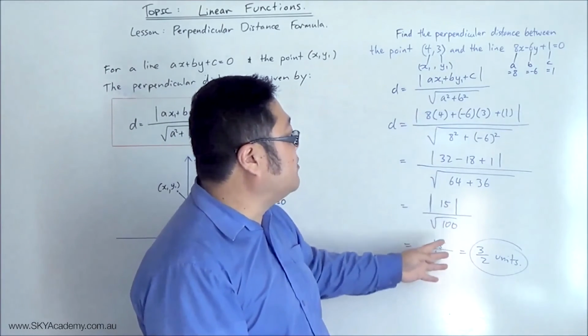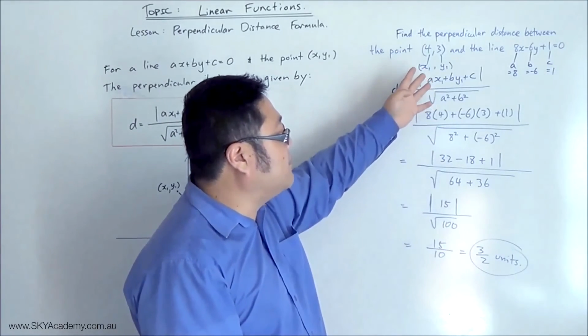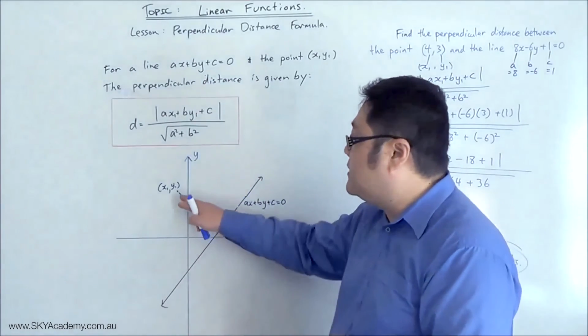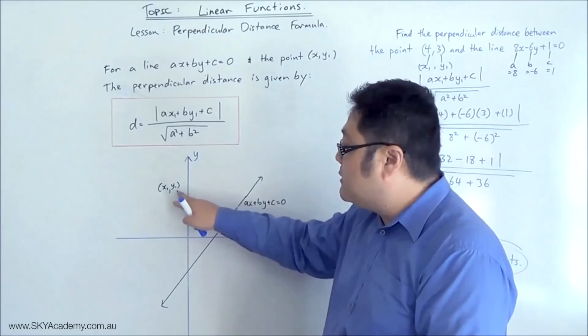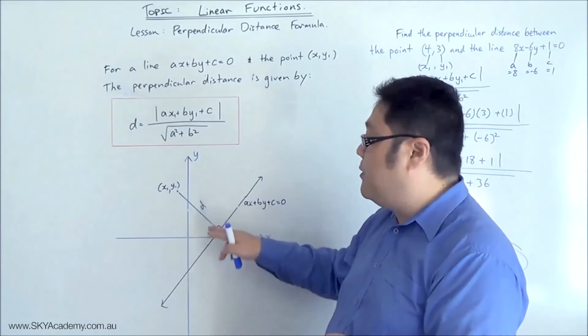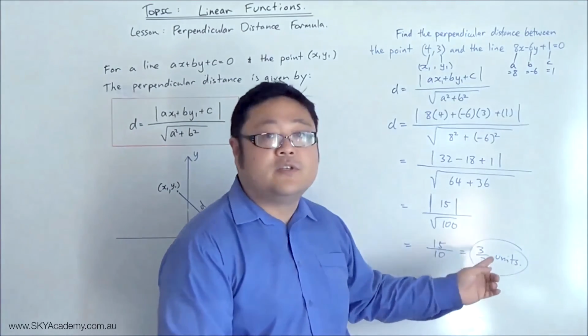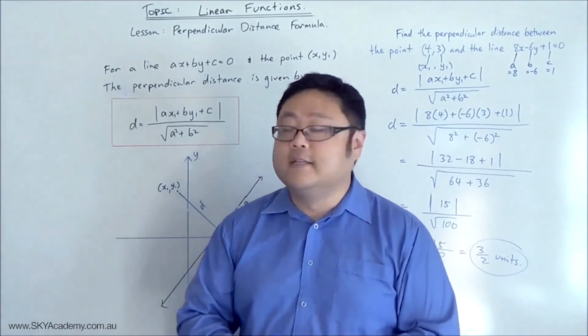You substitute those numbers in, and you get an answer of 3/2, not 2/3, which means the distance between this point and that line is 1.5 units.